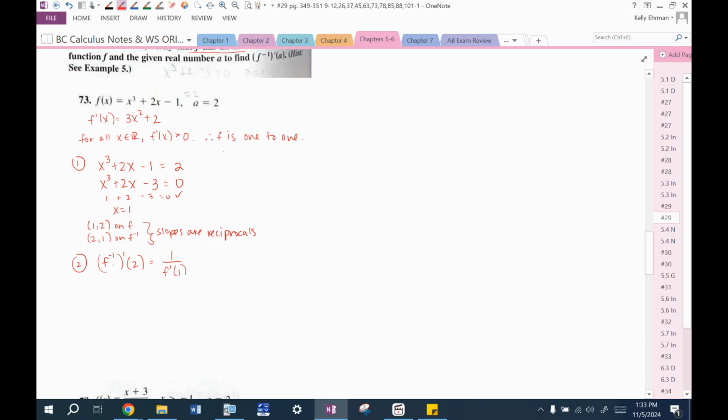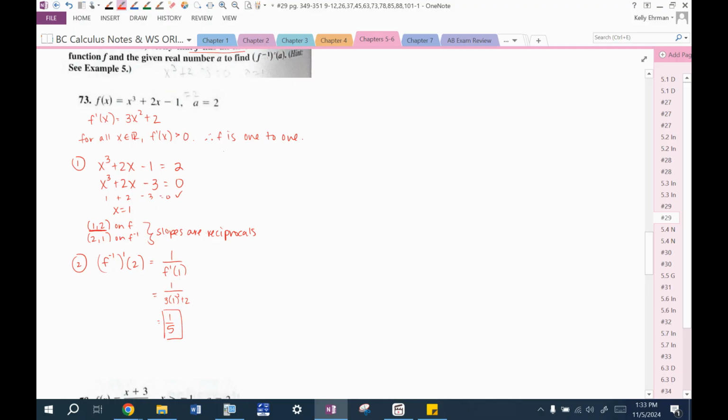But if I can't, then if I want to know what's the slope at this point on the inverse function, I go back and say, well, it's the reciprocal of the slope on f at this point. Okay, and we already found f prime. F prime was 3x squared plus 2. So this is 1 over 3 times 1 squared plus 2. So the answer is 1/5.